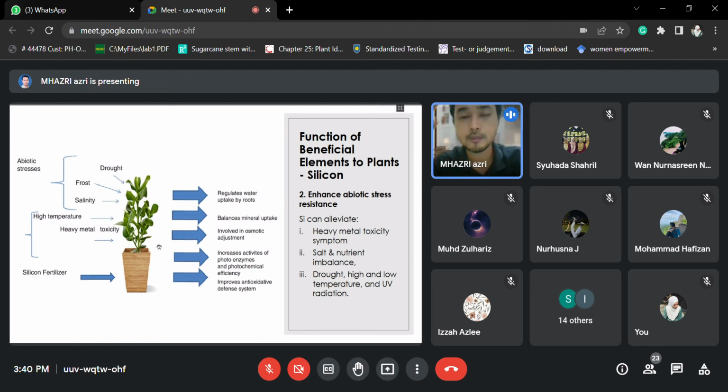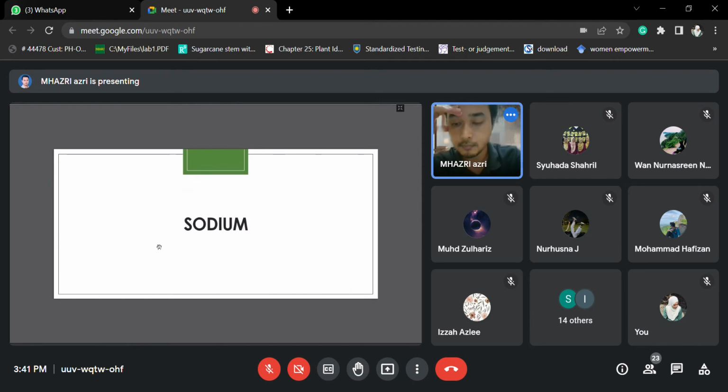Okay, so dia macam protections lah. That's how silicon can enhance plant growth directly or indirectly, okay, especially from biotic and also abiotic stress.